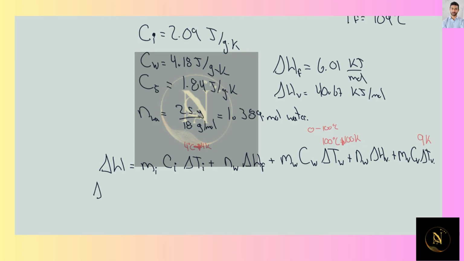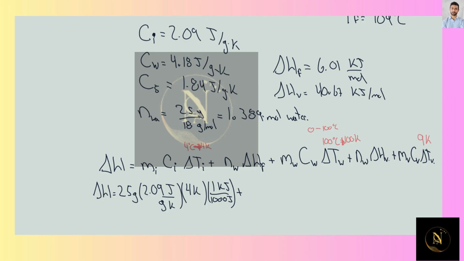So the delta H is going to be equal to mass of ice, 25 grams, heat capacity of ice, 2.09 joules per gram Kelvin, times delta T for the ice, that is going to be 4 Kelvin. We need to convert this quantity from joules to kilojoules for the result to be directly in kilojoules. So we know that in 1000 joules, we're going to have 1 kilojoule.